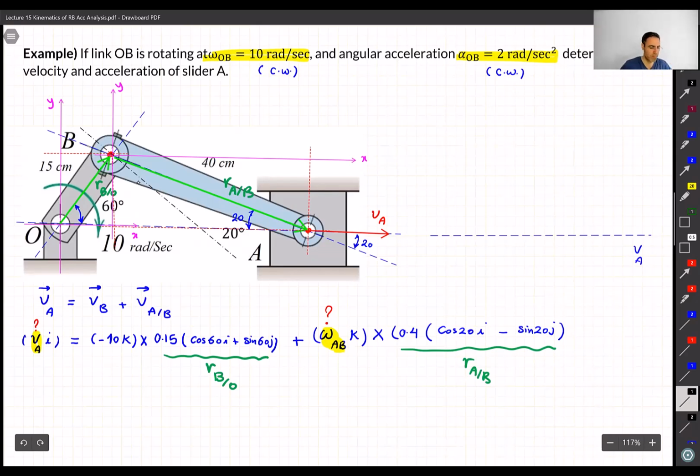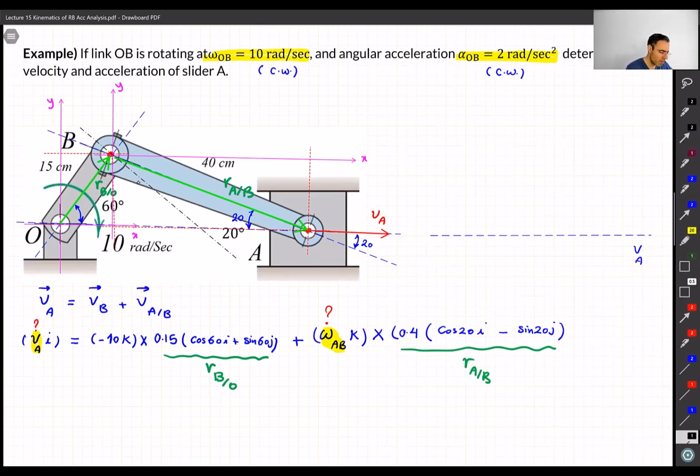Okay, so this black line, we know it has to have an angle of 90 degrees. So this is 90 degrees. This line, VB, is on this line. Right? Do you guys agree? B is rotating on a circle, so VB has to be on this line.